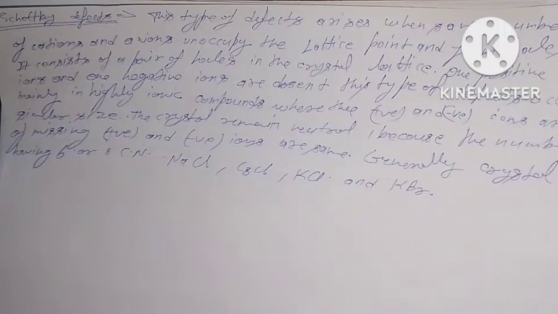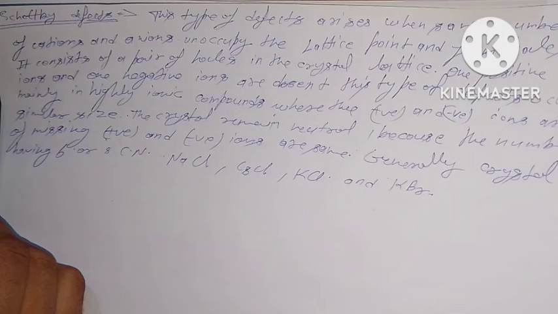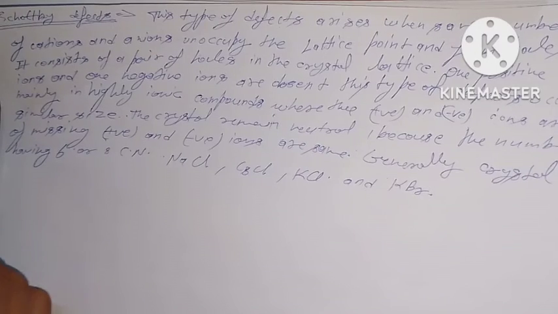One defect is found in 10 to the power 15 lattice sites of sodium chloride at normal temperature. By increasing temperature, the number of defects increases, and one defect occurs in 10 to the power 6 sites at 775 Kelvin and one defect is found in 10 to the power 4 sites at 1075 Kelvin. Density of crystal decreases by increasing Schottky defects.